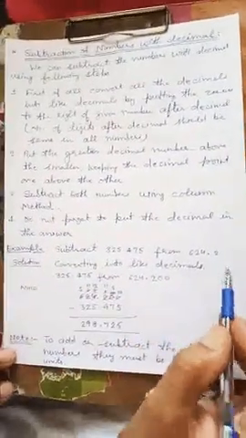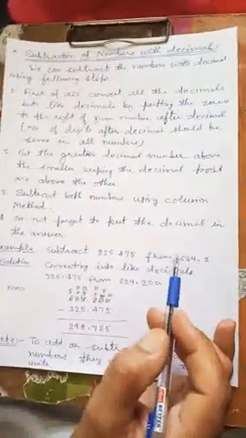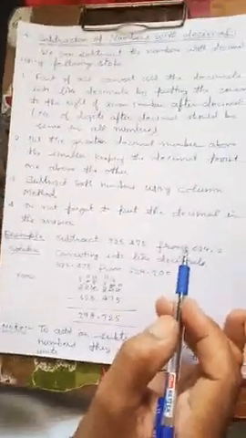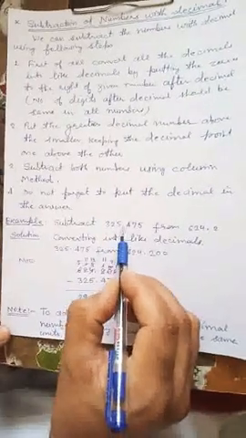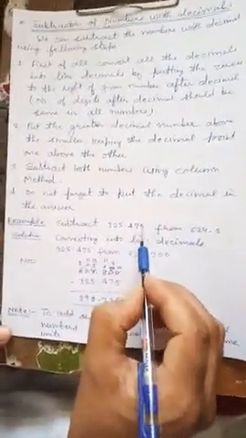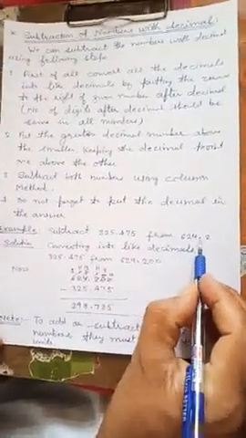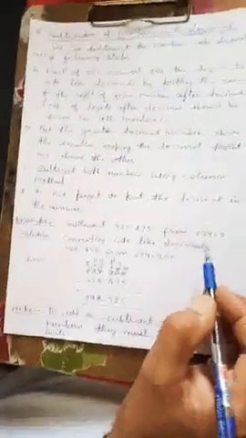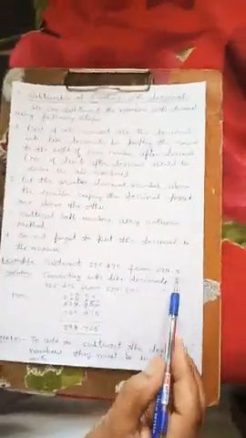Now let us understand the process of subtraction of numbers with decimals, taking an example. So let's take the example: subtract 325.475 from 624.2. In solving this problem, first of all we will convert these two decimals into like decimals.